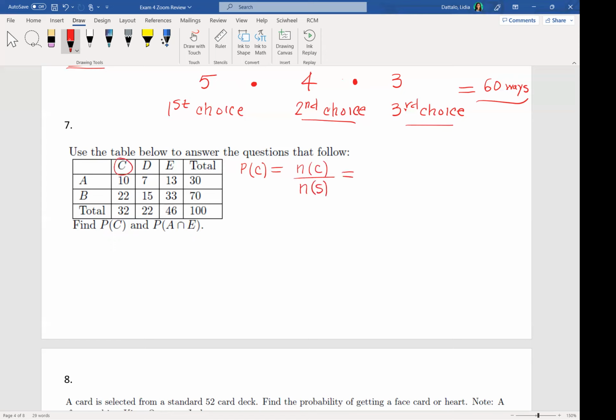Let's look at C. There's C. And if I go down to the total, it's 32. Divided by 100. I can just leave it like that, or divide it. Let me divide it and see what that number is. Should be 0.32. Or reduce the fraction.